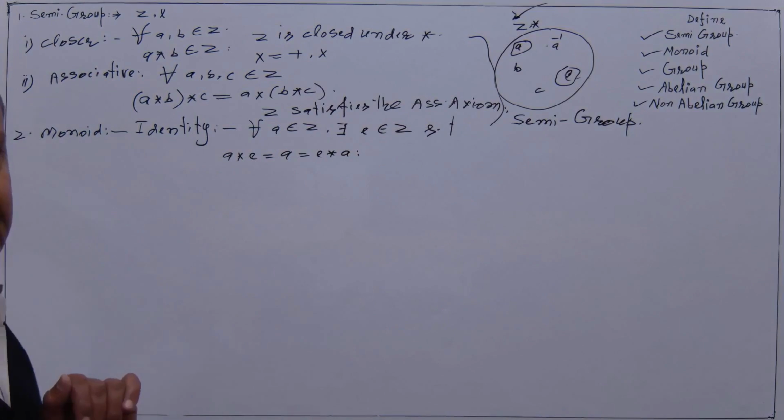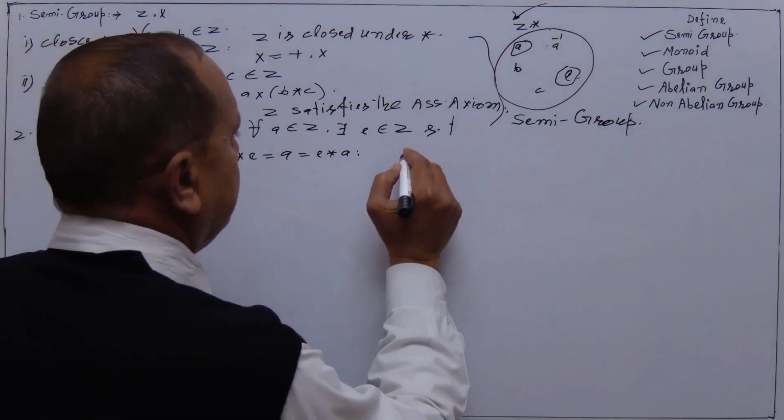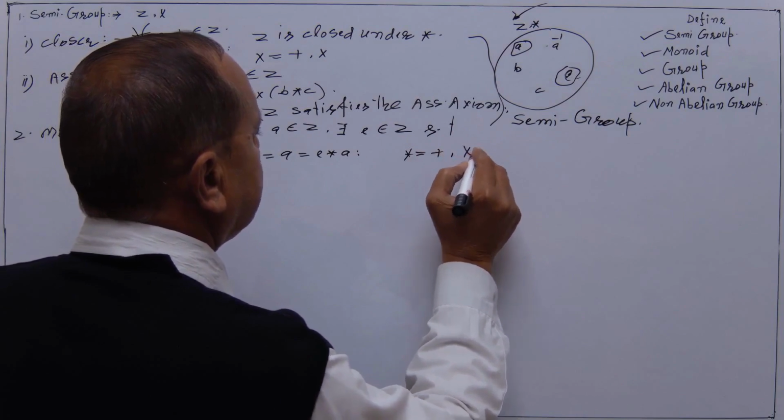where this e is called the identity element, and this star may be addition or multiplication.